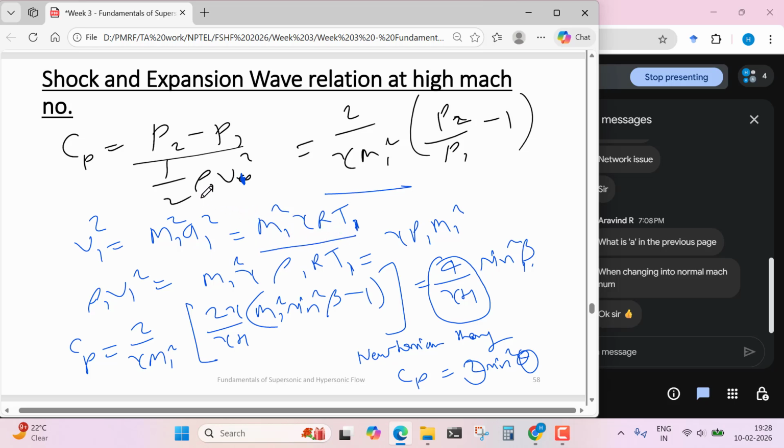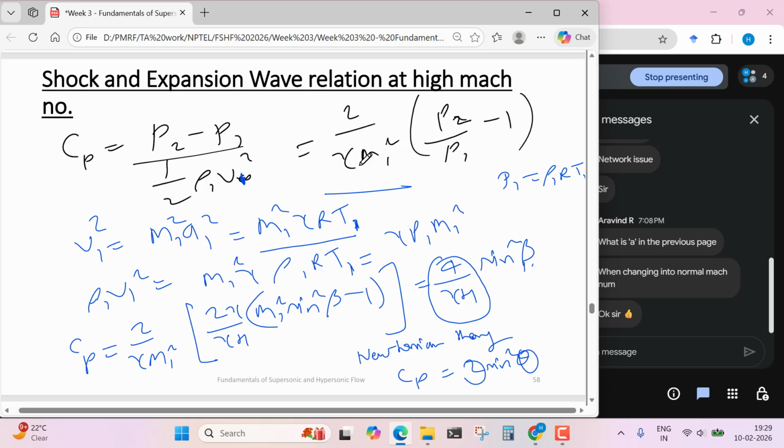If you multiply it by rho 1, then rho 1 V1 square will be m1 square gamma rho 1 R T1. Rho 1 R T1 is nothing but pressure, because P1 equals rho 1 R T1. So we will get gamma P1 m1 square.